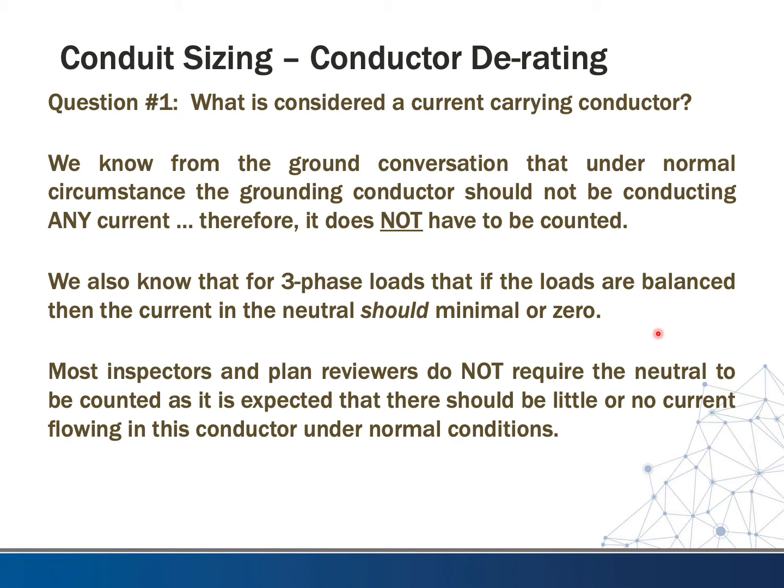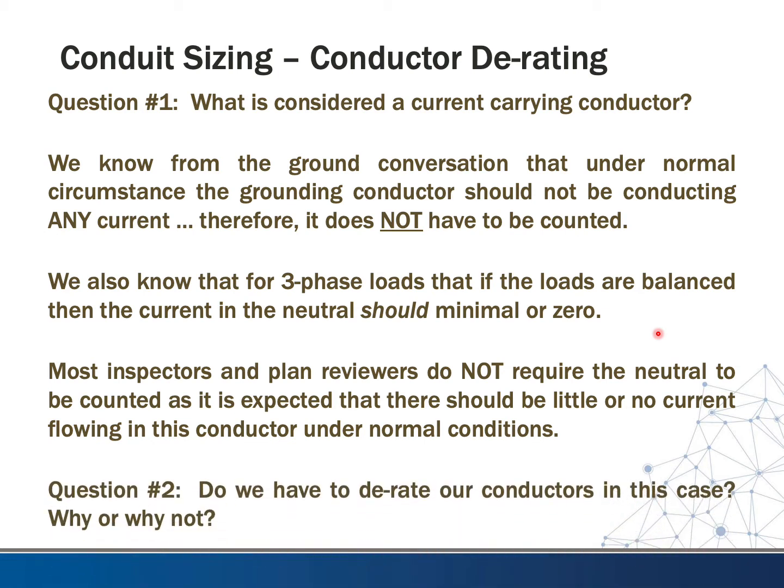We'll talk about this later, but as you're doing panel design, many reviewers are going to require you to have it balanced within 10% across all 3 phases. So as you can imagine, if they are truly balanced, even with some mismatch, the current flow in the neutral should be very, very low. Probably not 0, but minimal at best.